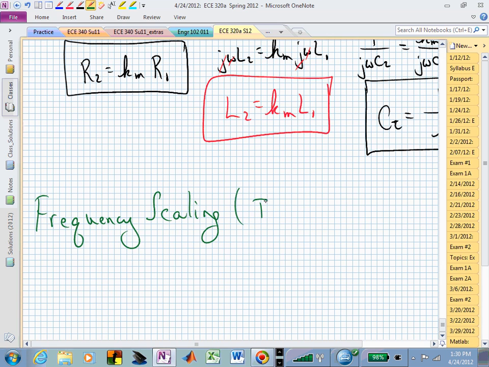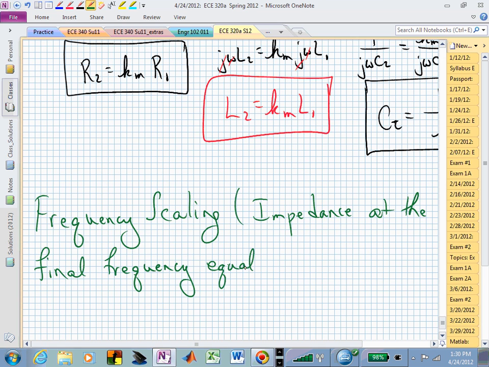Here what we want is the impedance at the final frequency equals the impedance at the initial frequency.